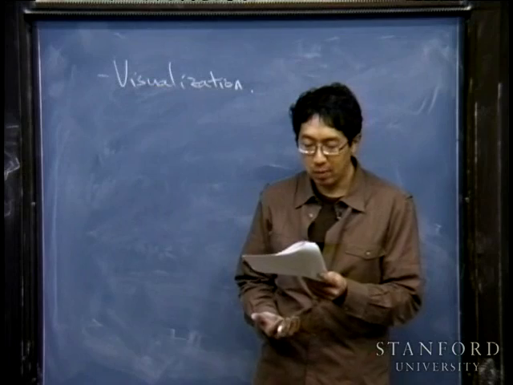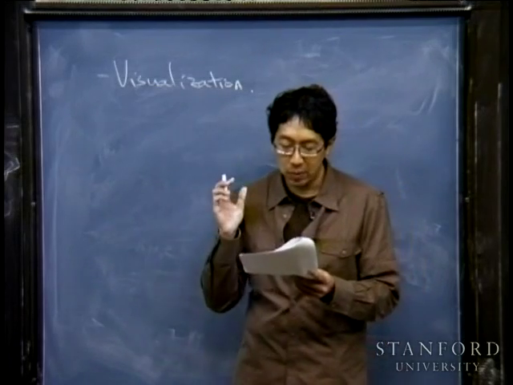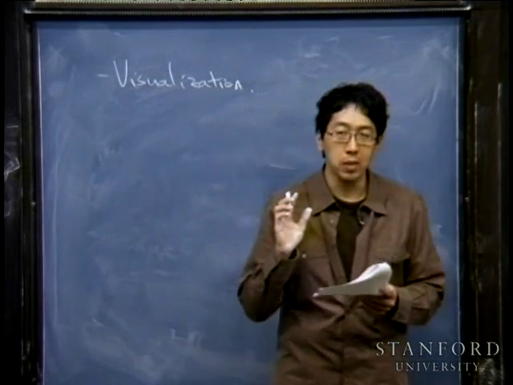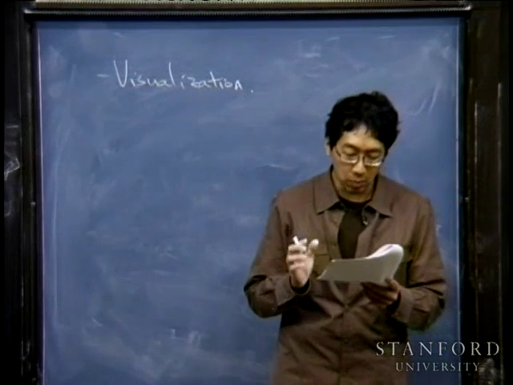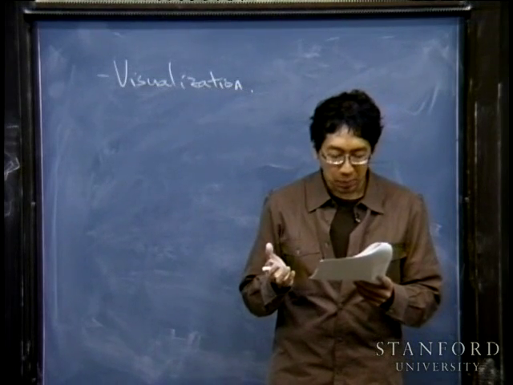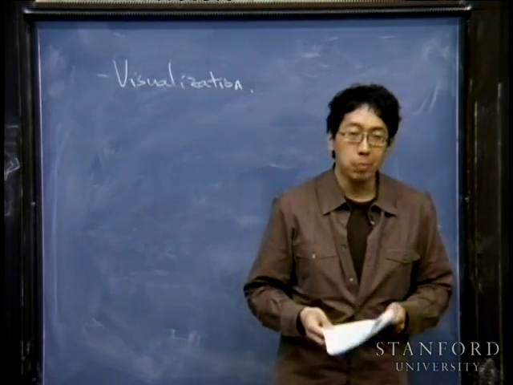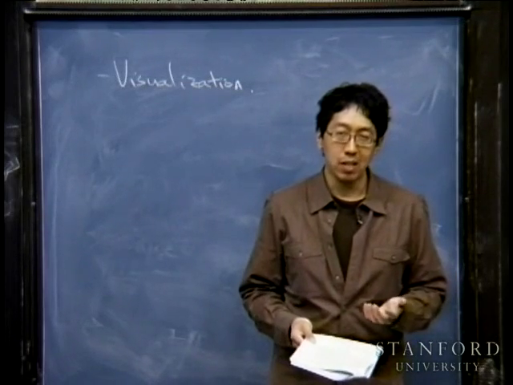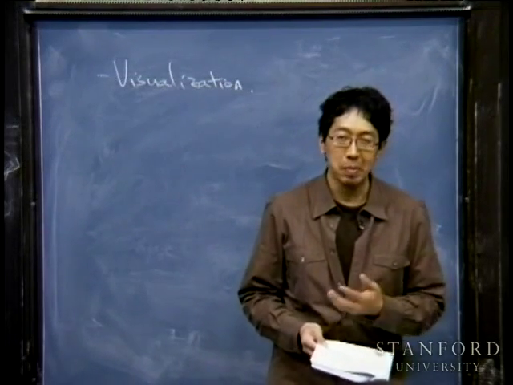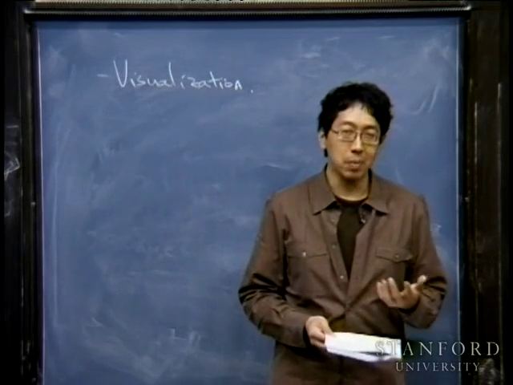One particular example that I learned about recently was in Krishna Shenoy's lab here at Stanford, in which he had readings from 50 different parts of a monkey brain. I don't remember if the number was 50, but it was tens of neurons in the monkey brain.